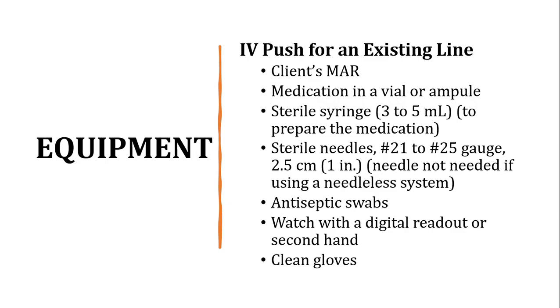Needle not needed if using a needleless system because po sa needleless system ay kailangan lang po i-insert directly yung syringe, no need for a needle. Antiseptic swab, watch for a digital readout or second hand, and clean gloves.